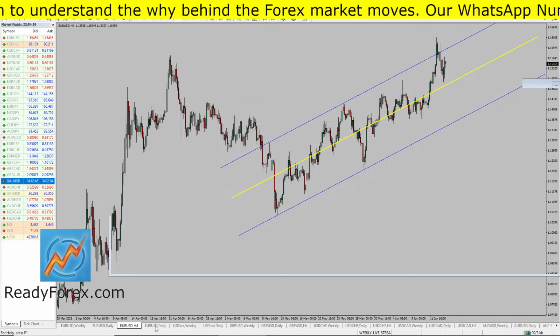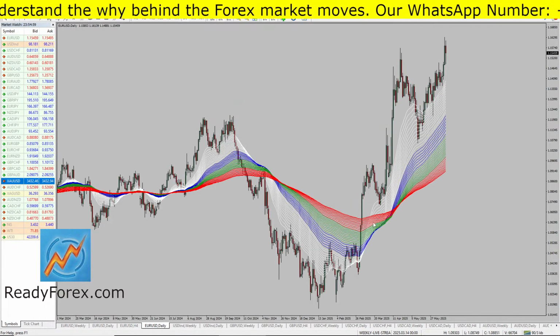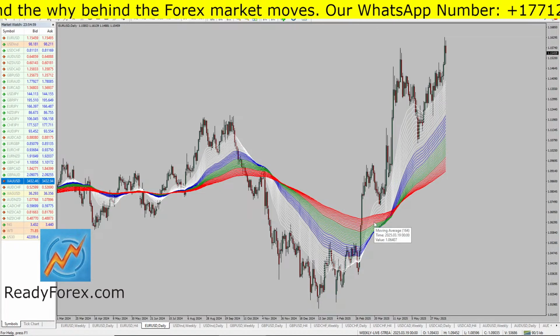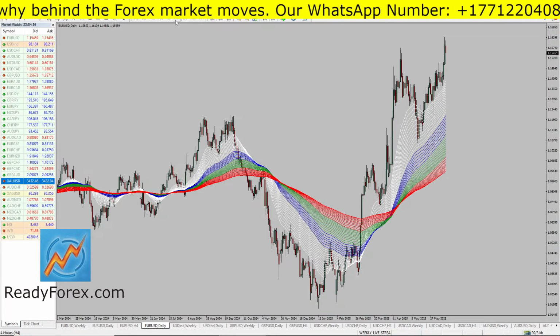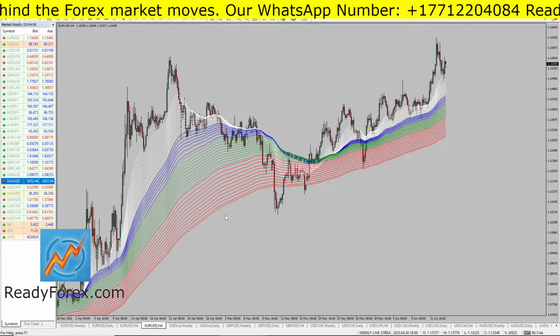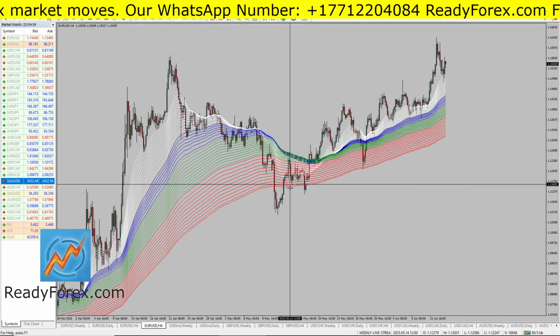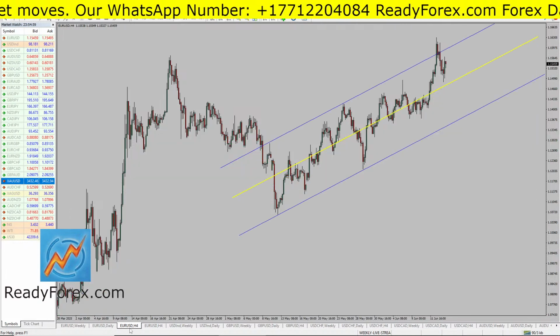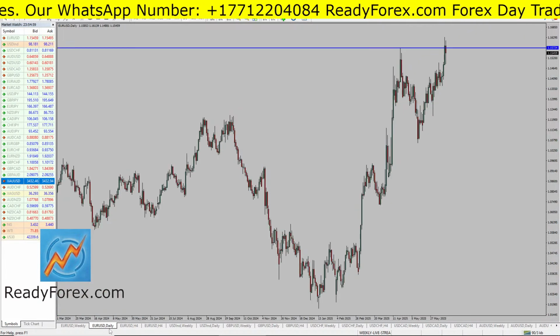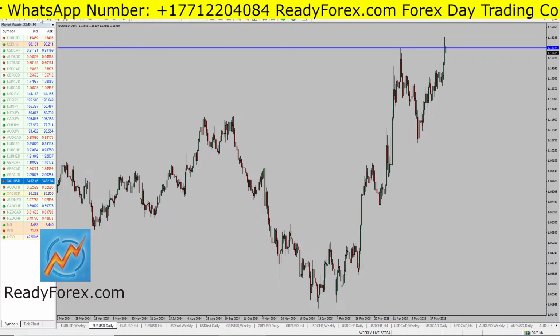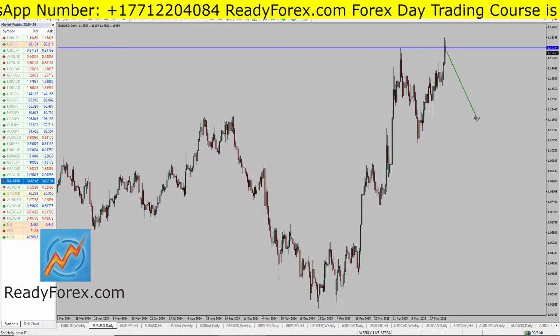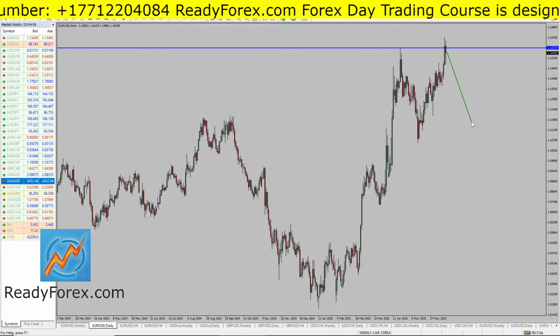If you check out the rainbow over here, it's a nice uptrend going on inside the daily. If you check out the 4-hour, it's still an uptrend. I do see some choppy price action over here. So based on this choppy price action, it is probably going to drop over here.